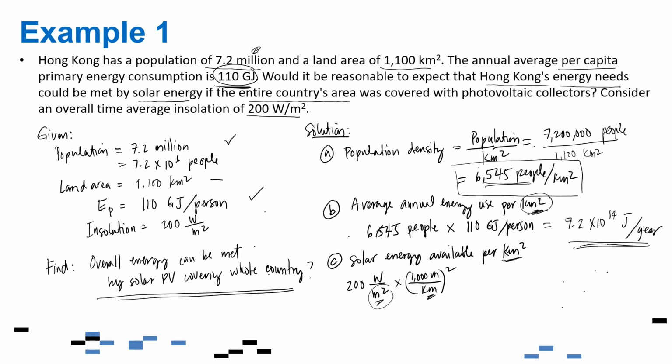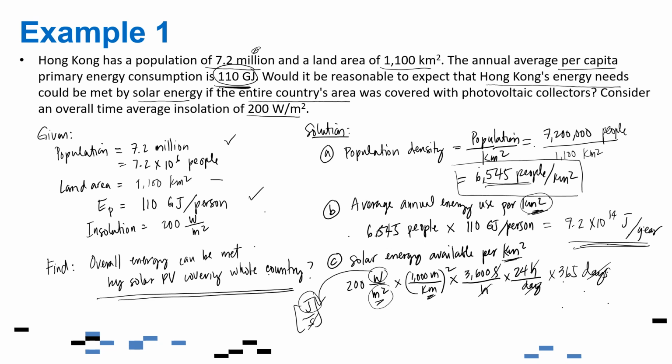Then we need to convert the watts into energy. So there are 3,600 seconds per hour times 24 hours per day times 365 days. Since watts is joules per second, we can cancel the seconds, hours and days, so only joules is remaining.